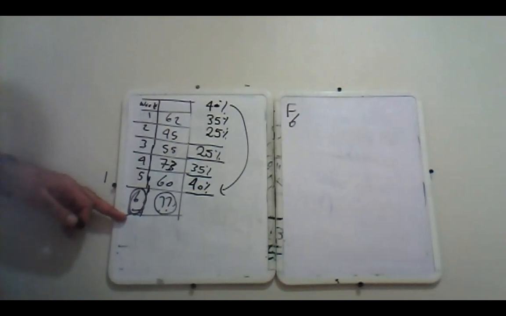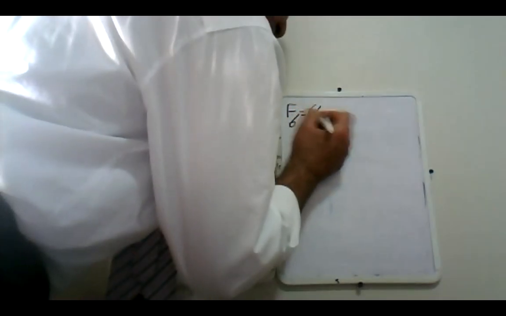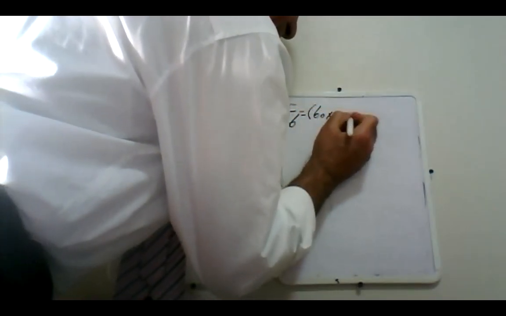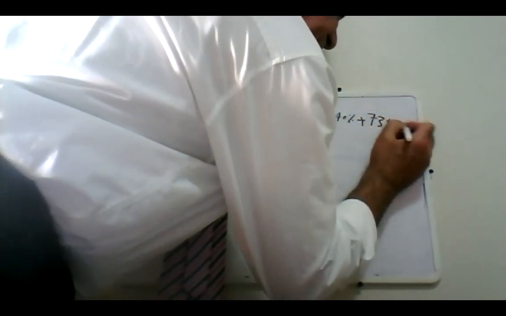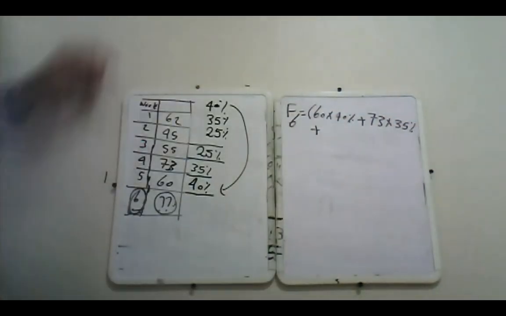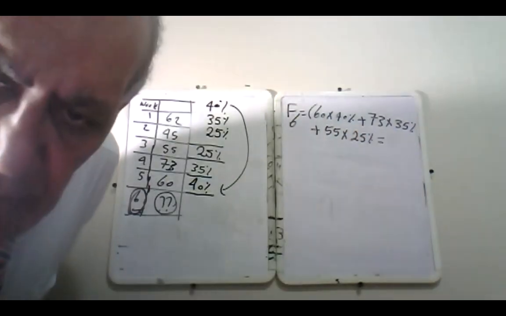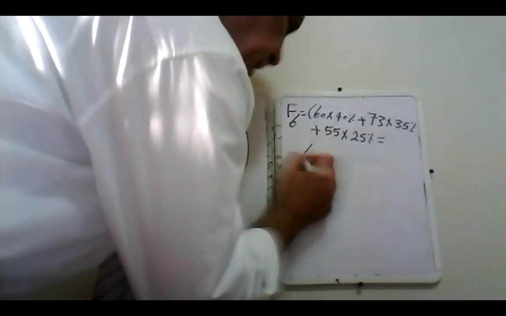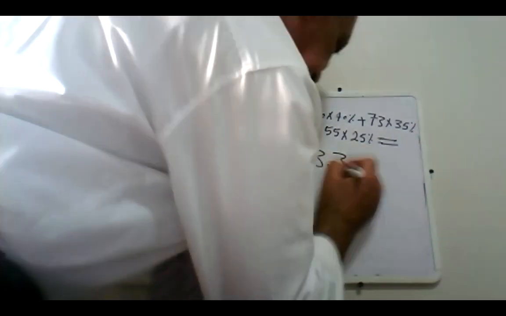It will equal 60 by 40% plus 73 by 35% plus 55 by 25%. All of them will equal 63.3 pieces of pizza.